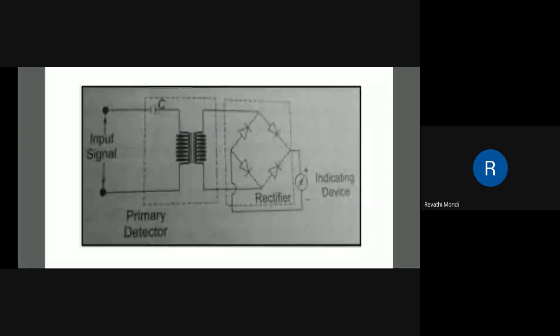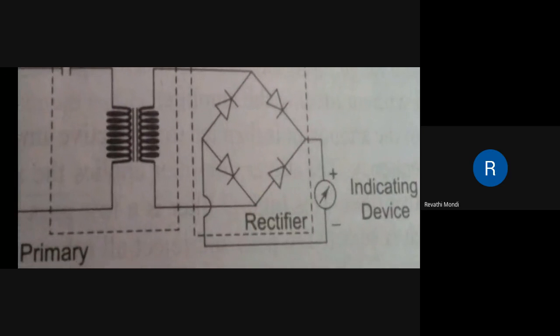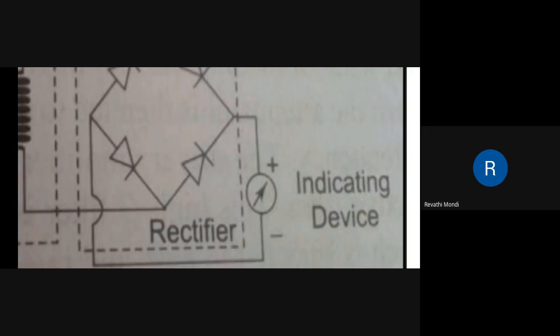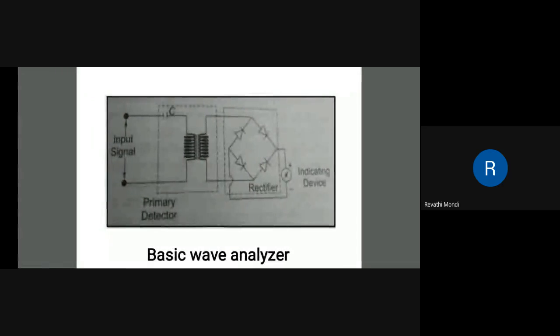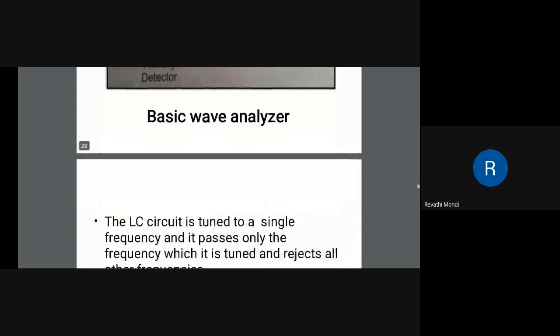After the bridge rectifier, we connect one small meter. This indicates positive and negative. This is the indicating device. By this indicating device only, we measure the particular fixed range of frequency. So this is the basic circuit diagram of the wave analyzer.